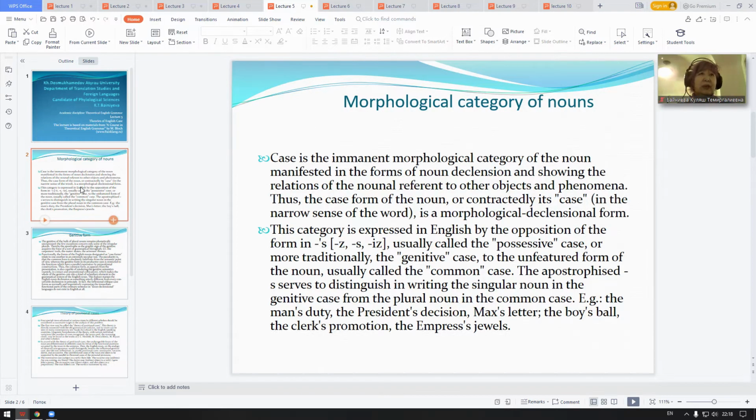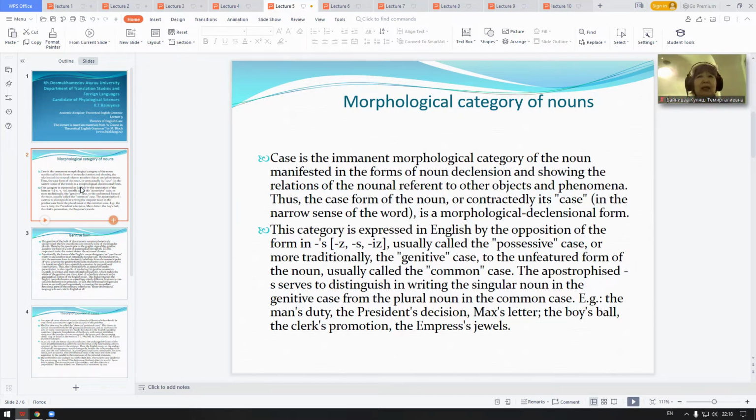Morphological category of nouns. Case is the immanent morphological category of the noun manifested in the forms of noun declension and showing the relations of the nounal referent to other objects and phenomena. Thus, the case form of the noun, or contractedly its case in the narrow sense of the word, is a morphological declensional form.